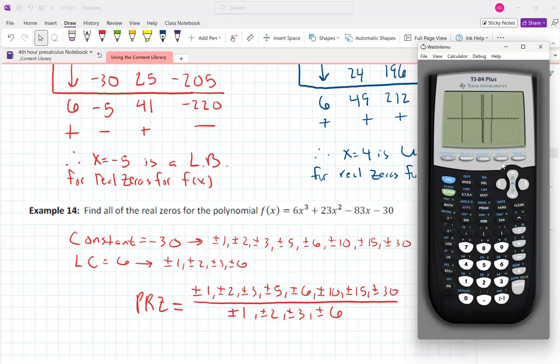So if I look at this, I remember that x-intercepts and zeros are kind of the same thing. How many x-intercepts do I see from my graph? 1, 2, 3.